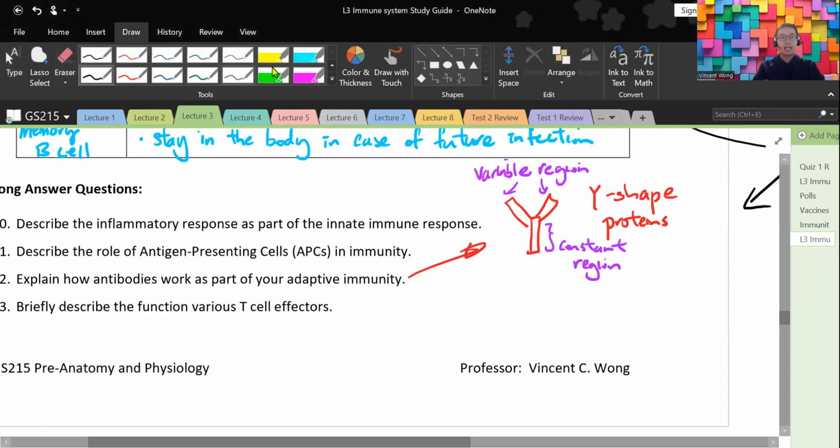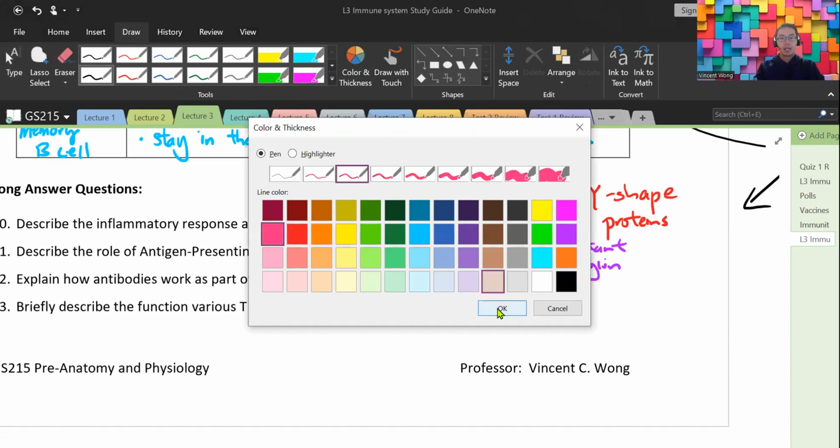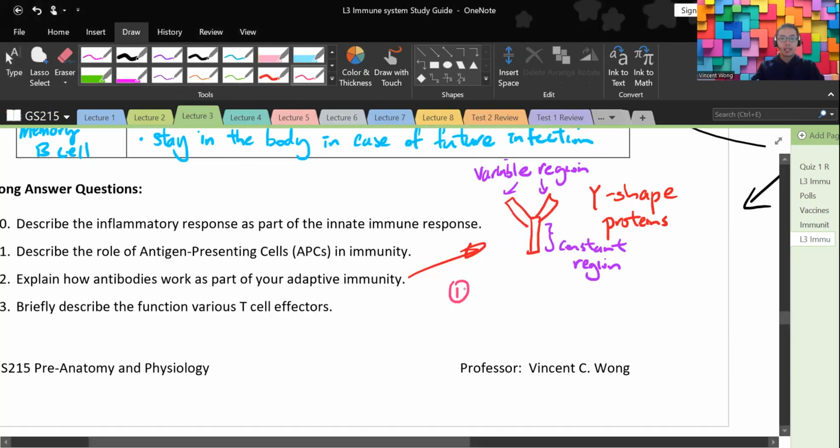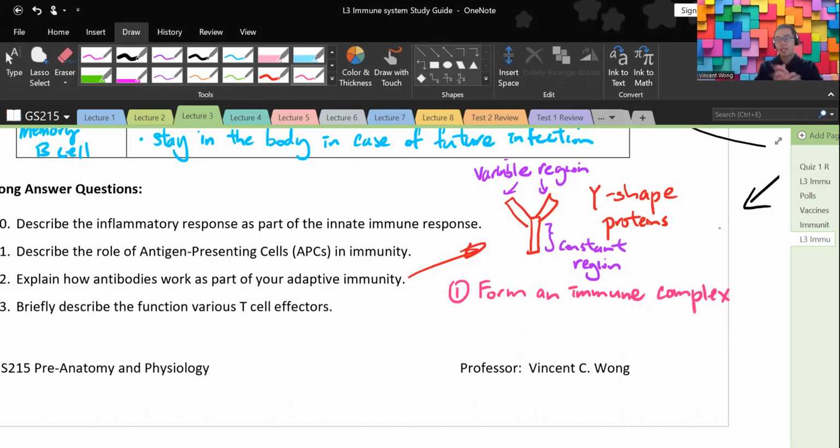Okay, so how does antibody work? Well, a couple ways. Number one, it could form an immune complex. Okay, which would then cause things to clump together. We are familiar with this concept from last week, right?